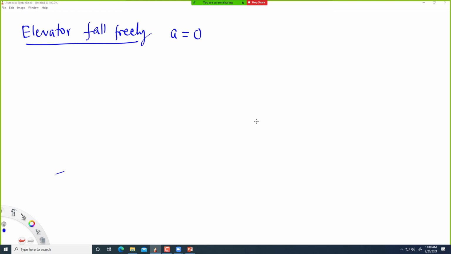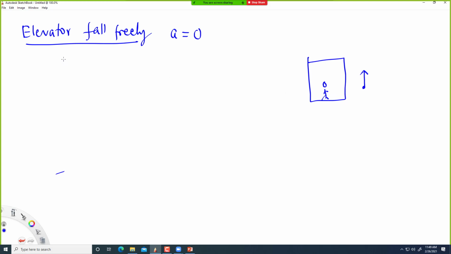So the person will feel weightless because you have no normal force in this case.